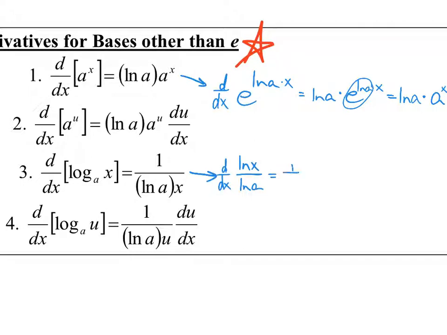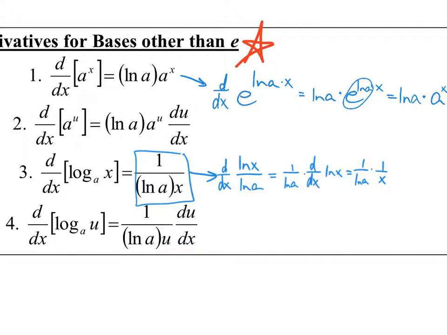That's a constant, 1 over ln of a, times the derivative of ln of x. Well, the derivative of ln of x is 1 over x. So we get 1 over ln of a times 1 over x, and that's how we get our solution here, 1 over ln of a times x.